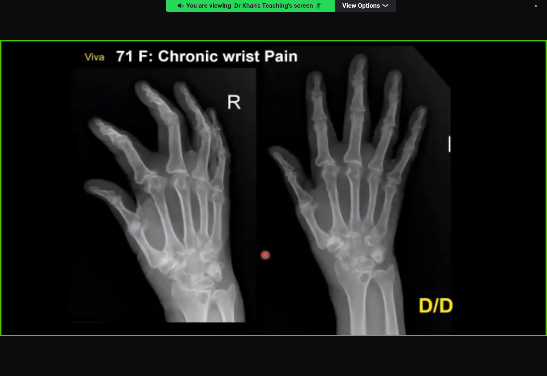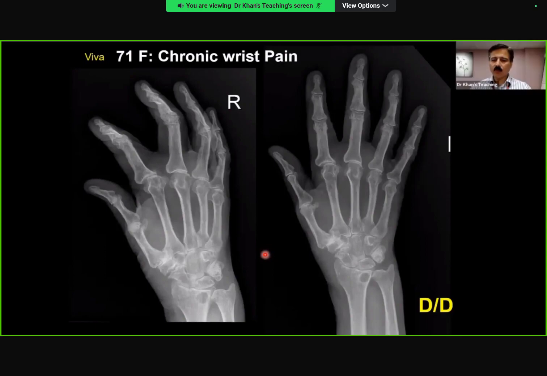The age is the biggest. Okay, age is one. Anything else, radiologically speaking? It is eccentric, and it is about the articular surface as well.